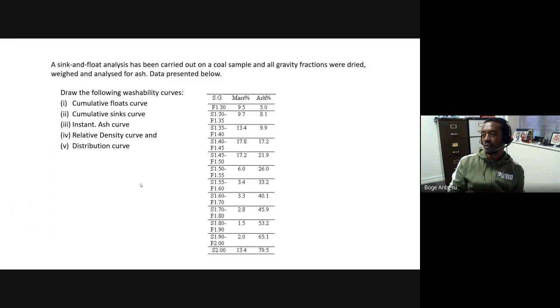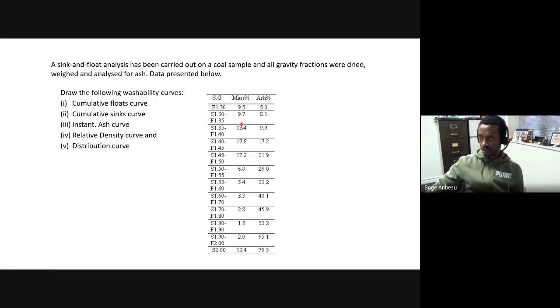So if you conduct a sink and float analysis using a range of media, in this case a media with specific gravity of 1.3, 1.35, 1.4, 1.45, and so on, what this table shows is the material that is being collected at each stage.